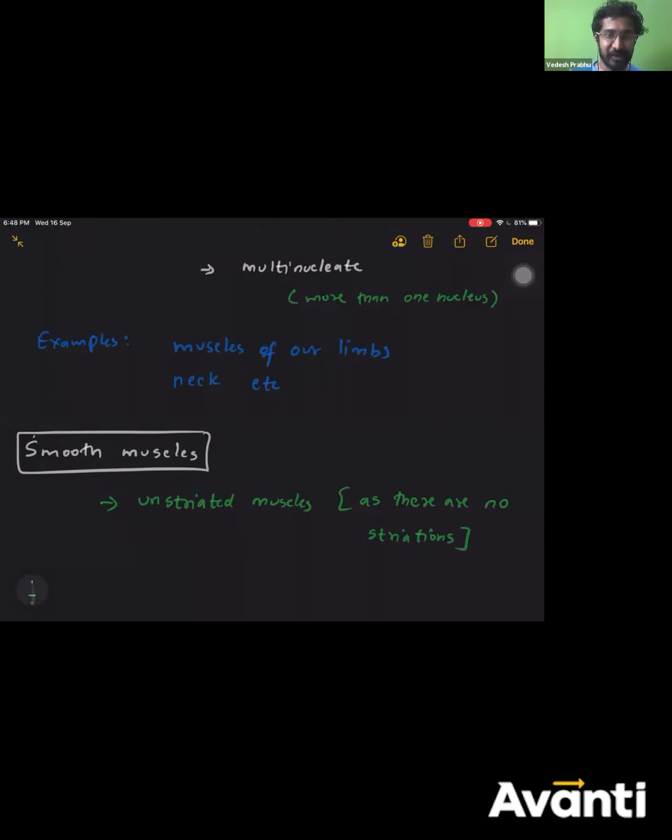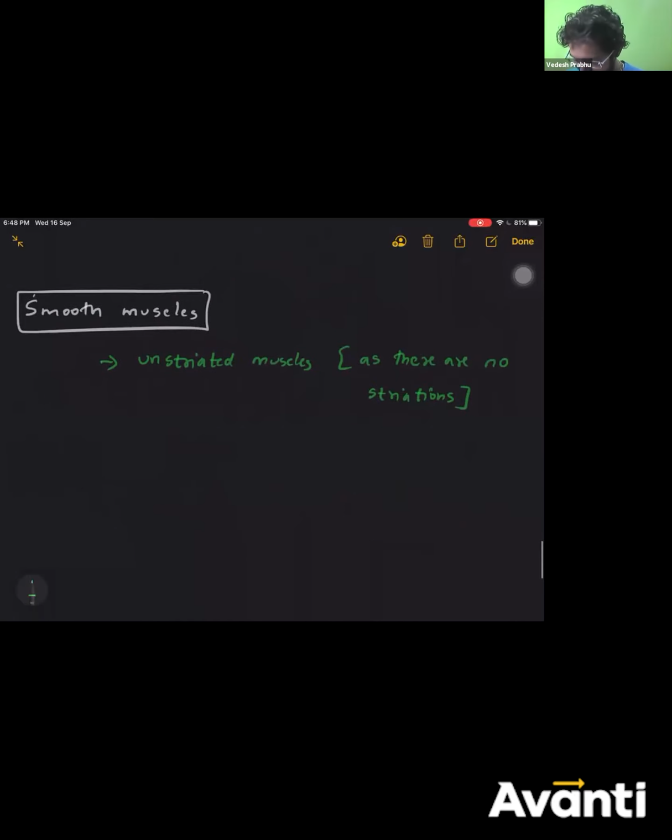Very nice. So last point, and we'll end the class. The second point that we can write about this is involuntary muscles. You cannot control them. It does its own job as per the direction of your central nervous system. You don't control it.